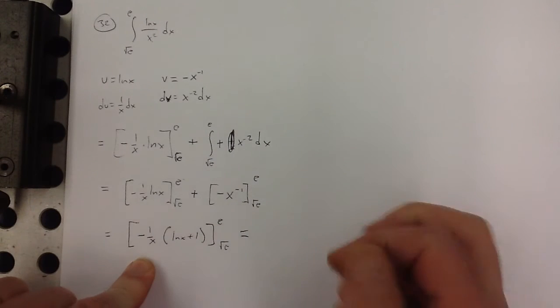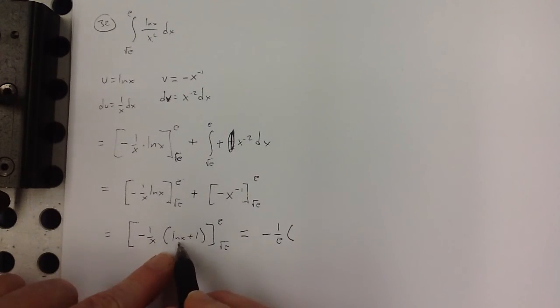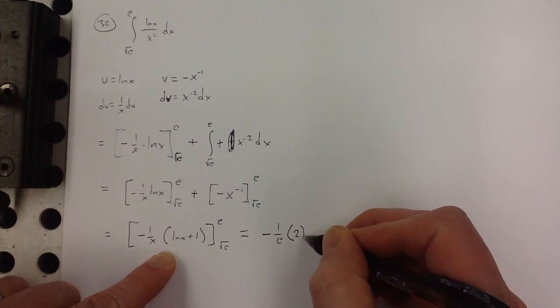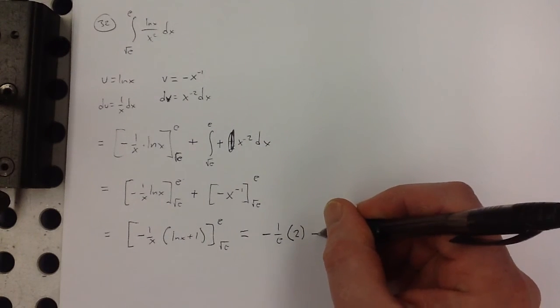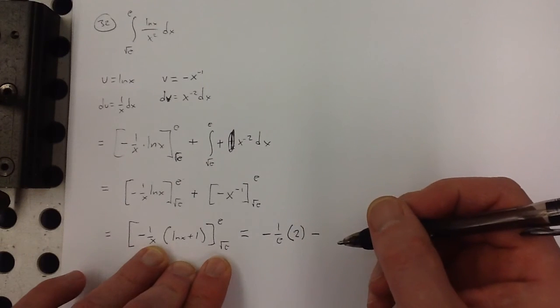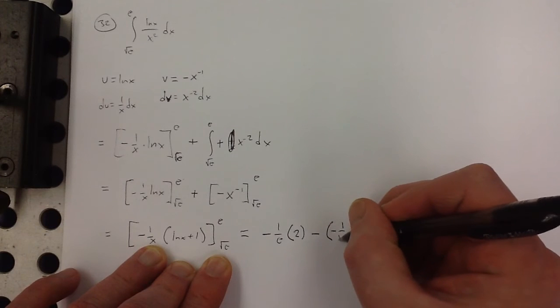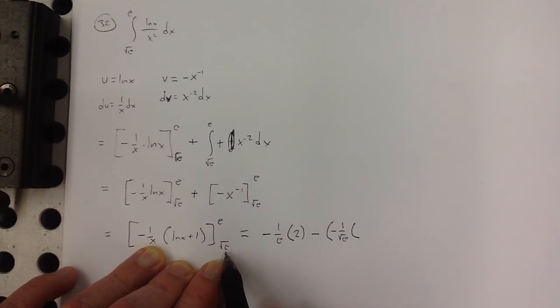So first I'll plug in e, -1 over e. The natural log of e is 1 plus 1 is 2, right? Minus -1 over the square root of e times the square root of e is the same as e to the 1/2.